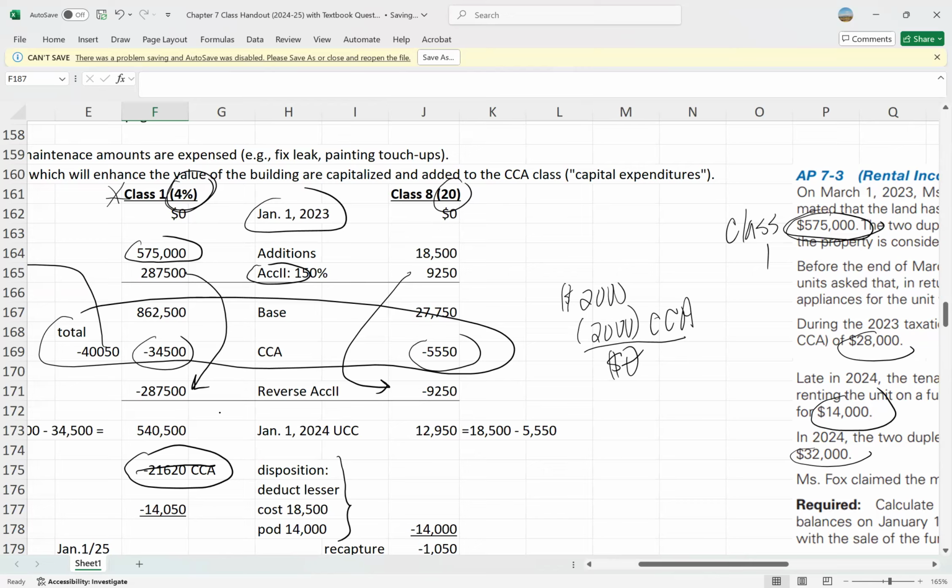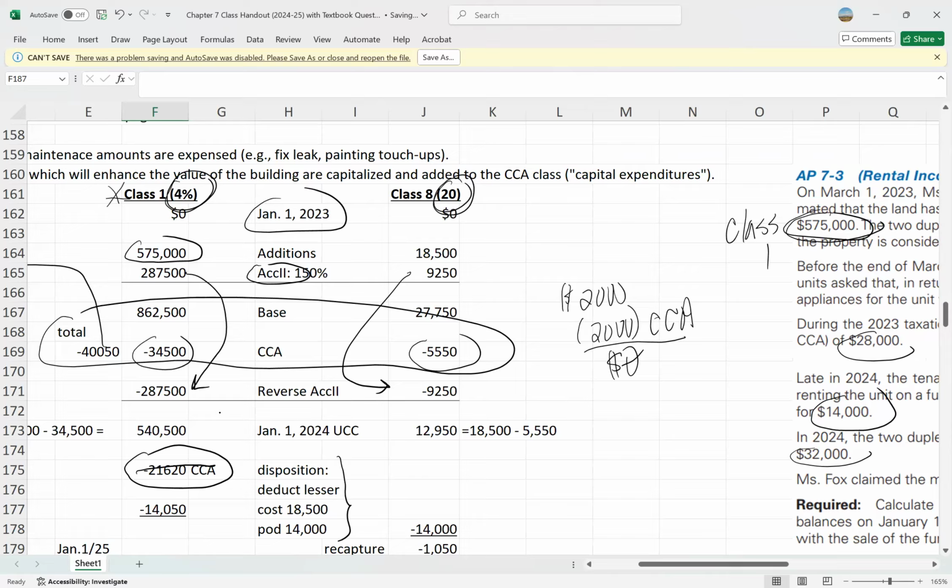Take it from the lowest rate class, because that way the balance in the higher rate class will be higher, because you're not deducting the CCA from the higher rate class. So next year, the CCA deduction will again be larger because you save the higher rate class balance for future years.